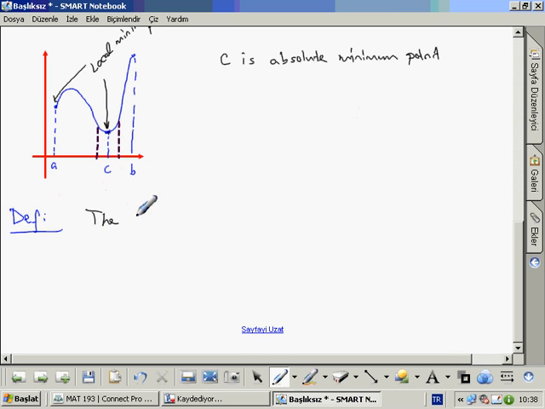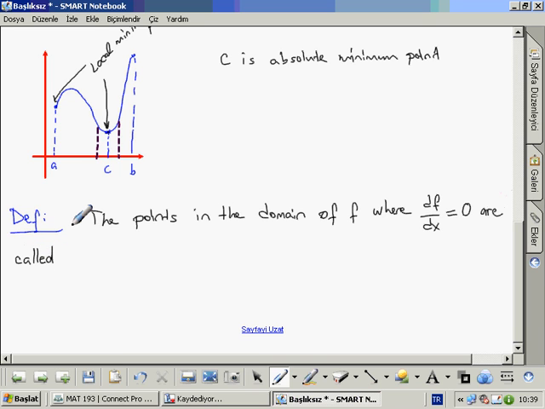The points in the domain of F where del F over del X equals 0 are called the critical points of F, and we denote that by CP, critical point.